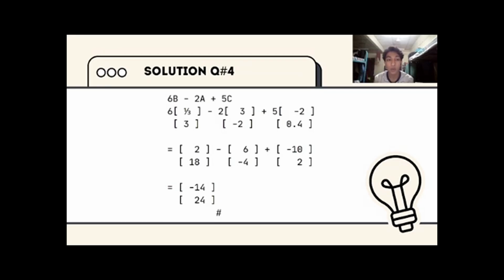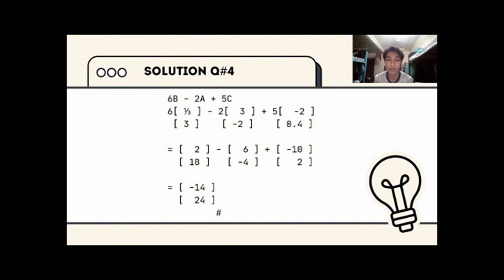So first we must find 6B. 6 multiplied by 1/3, 3 equals 2, 18. Next is negative 2A. Negative 2 multiplied by 3, negative 2 equals negative 6, negative 4.